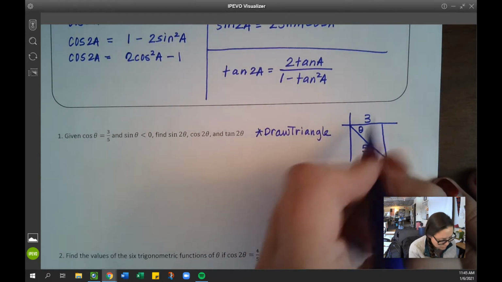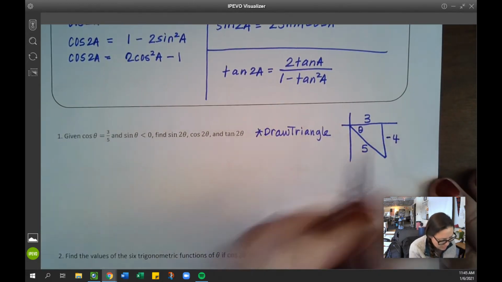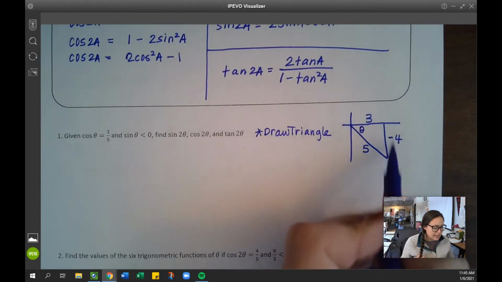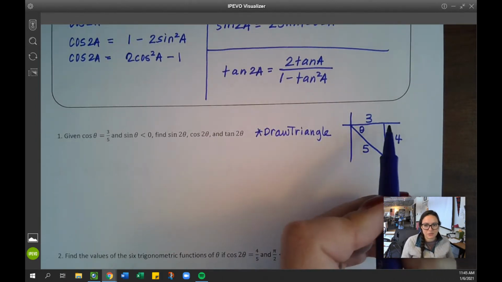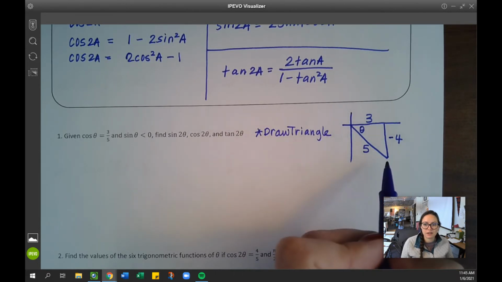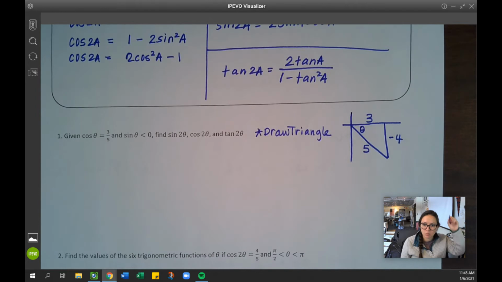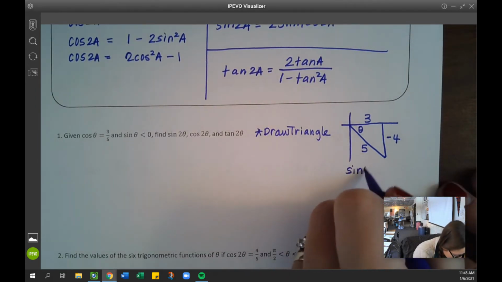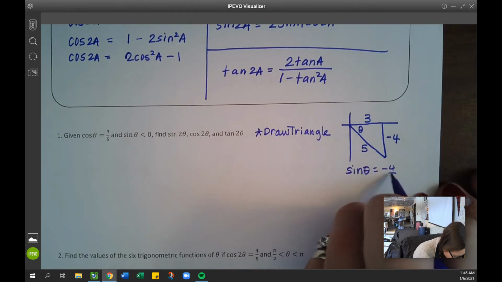This is a nice 3, 4, 5 triangle. Just make sure that you label that side as -4 because we have the negative y value, the y direction. So what that means is that sine theta is -4/5.